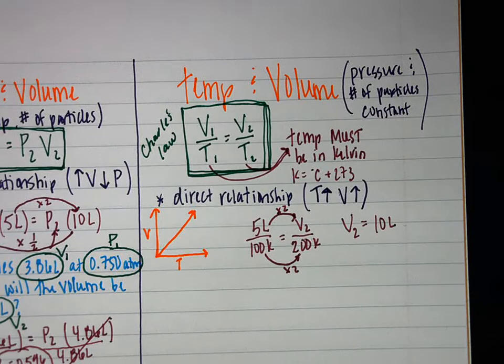Or, right, if it's not that easy and you set up your problem and you're like, oh, I don't see any relationship, we can just plug in our numbers. So here's our example.